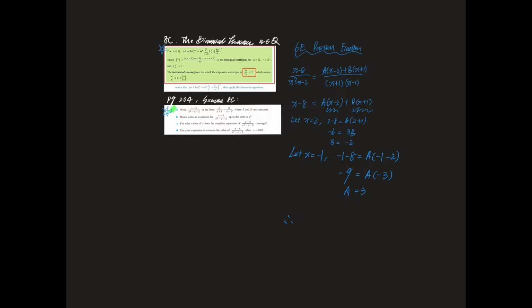So let's write it in the form as the question asked. So 3 on x plus 1 plus -2 on x minus 2. Done.